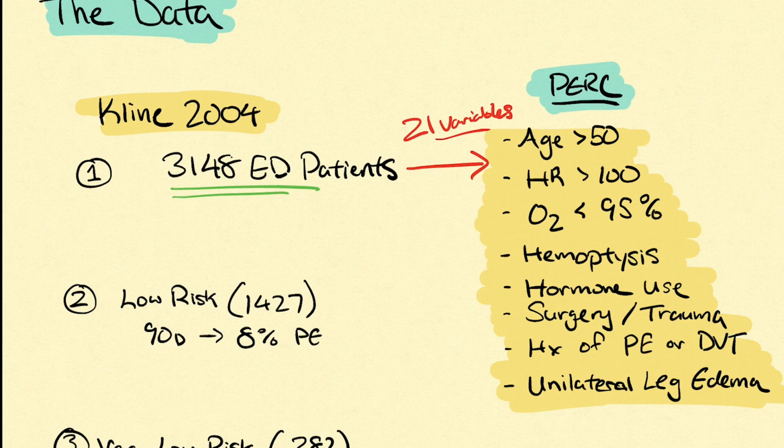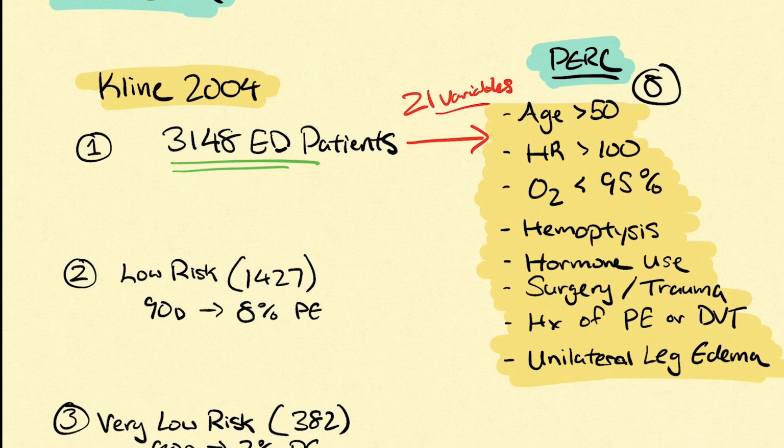And they, of all these patients who had a concern for PE, they looked at what had the truly highest risk or highest association with a PE. And in that case, that was these eight criteria were the most associated with PEs, all right?